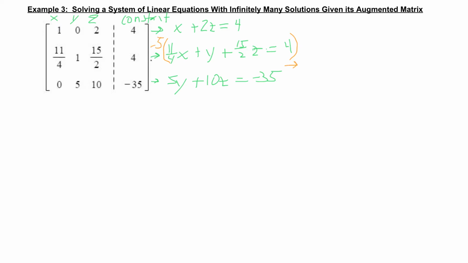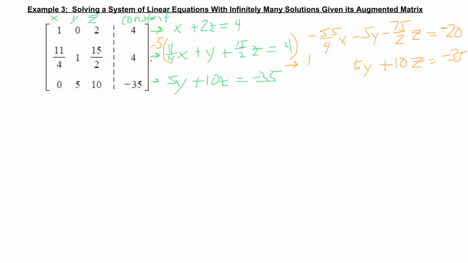Doing that, I get negative 55 over 4 times x minus 5y minus 75 over 2z, and that's equal to negative 20. And then my bottom equation I can leave alone, and I'm going to line it up correctly. So I have 5y plus 10z equal to negative 35.